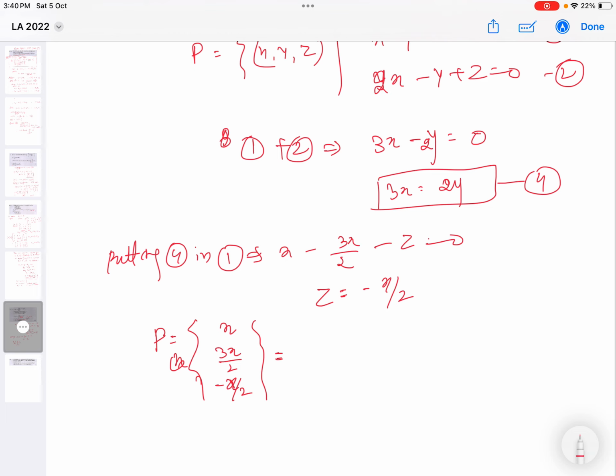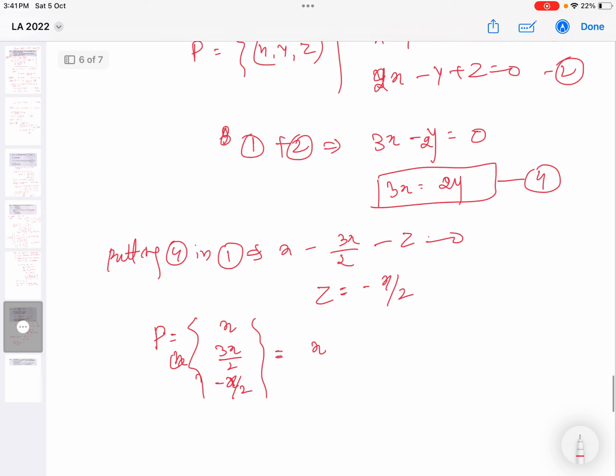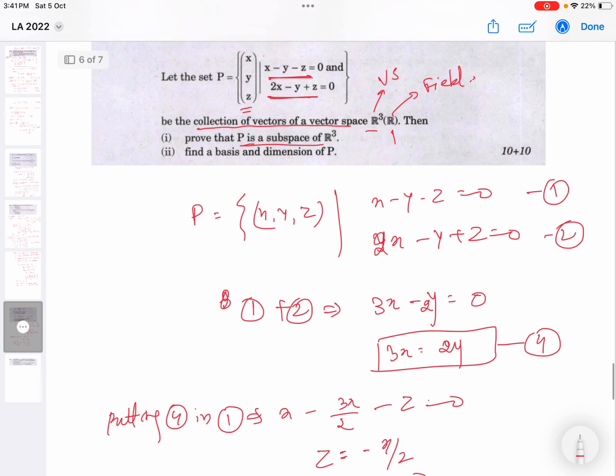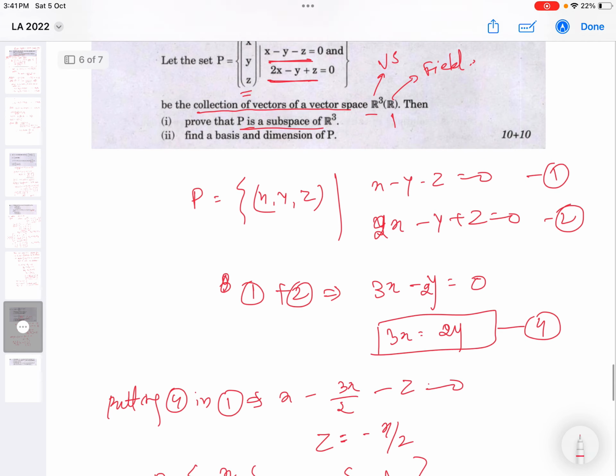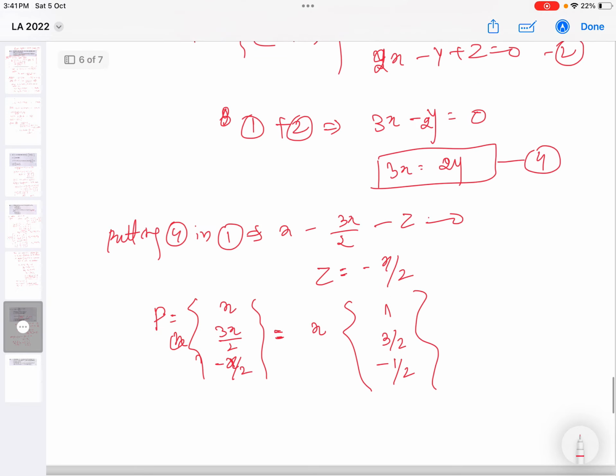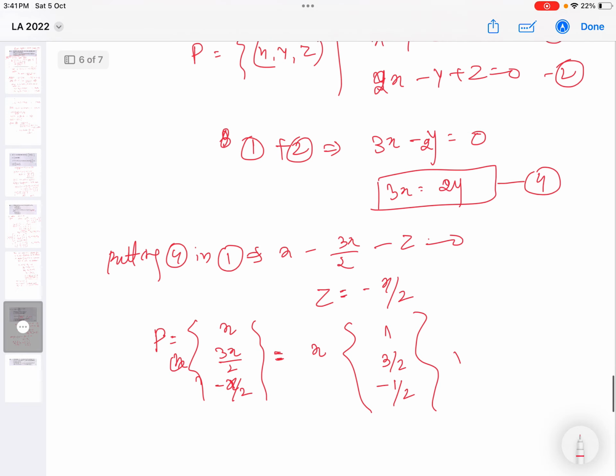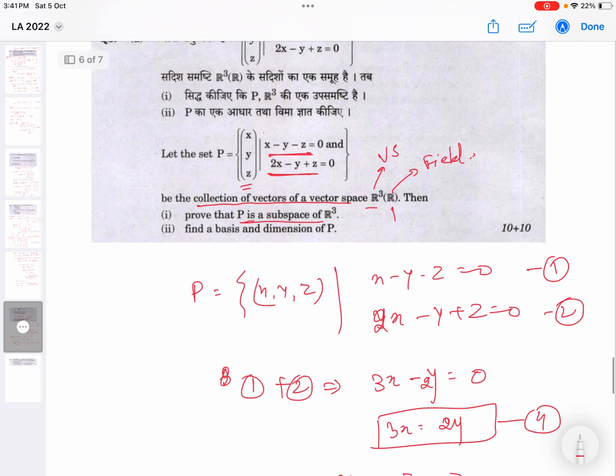It can also be written as x times (1, 3 by 2, minus half). Yes, so we are done. So this is the P vector which satisfies the given conditions, where x is a real number.